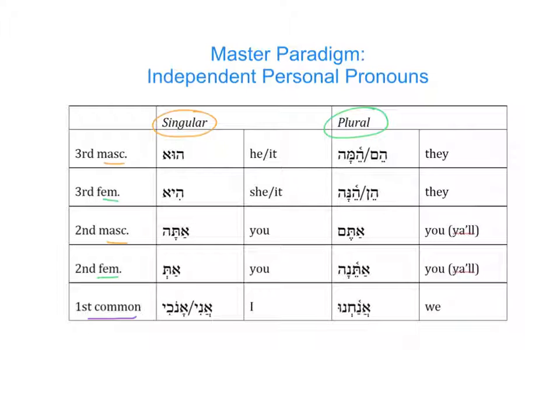For the second person, in English, we don't really inflect or distinguish between, I should say, our translations for they're not gendered. We would say you. So in context, we'd have to pay attention to is this a masculine or a feminine you? But in our translations, it would both be you. And the same applies to our first common. We only have one form there. That is I. There's no gender.